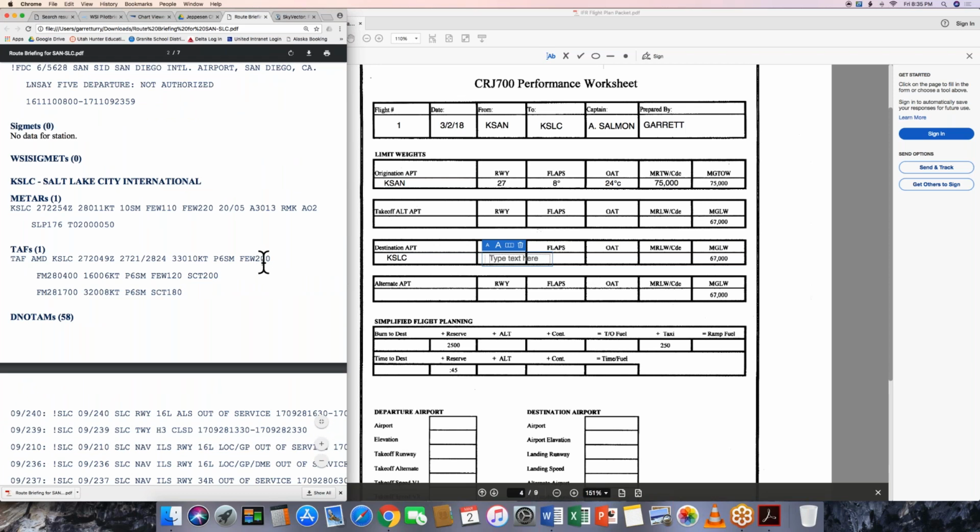So at 135, our winds are expected to be coming from 330 at 10 knots. So that means that we've got the 16s and the 34s, or the 17 and 35. So 3-4 left and right are typically what's used in Salt Lake. So let's just say that we're using 3-4 left.